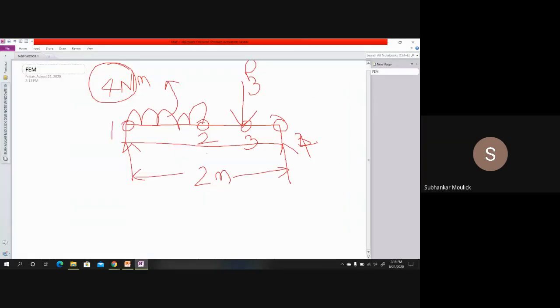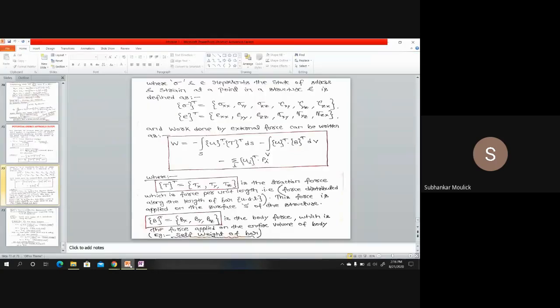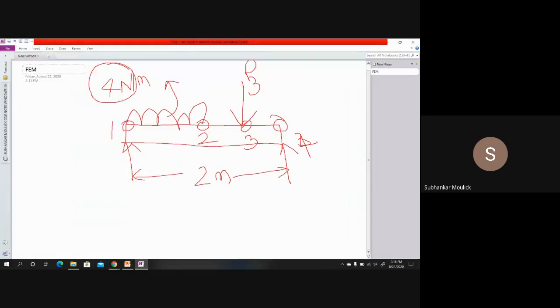In this problem I am applying a point load P3 in downward direction at node point 3. So the external work done due to point load will be U3 into P3, because that load is applied on nodal point 3. Your node 3 will deflect due to that point load.